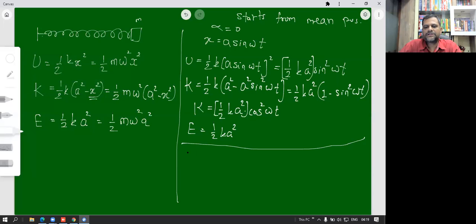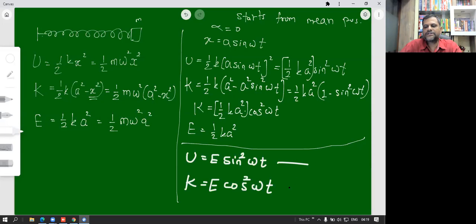So the potential energy here is actually going to be E into sine square omega t. See this here. Just remember this correctly. And the kinetic energy here will actually be equal to again E into cos square omega t. So look, these two equations are very important, which we can easily remember. This is the equation for potential energy and this is the equation for kinetic energy. Both of them depend upon E. What is E? Total energy. So they are fractions of total energy only.